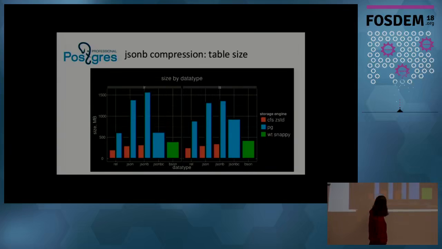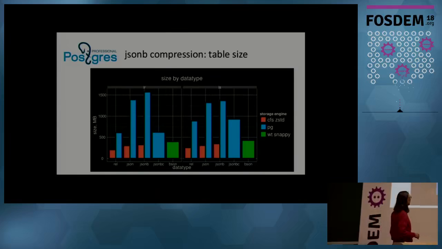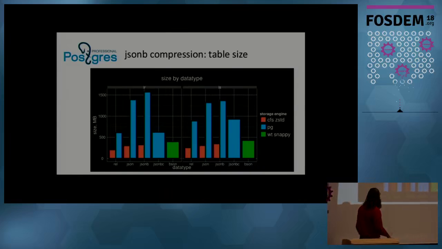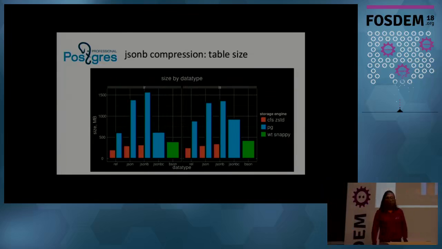And we see that compressed JSONb and the relational equivalent look very close. So compression really works. It's not as good as MongoDB JSON compression, but it's still okay. The red is a compressing file system for Postgres. It's our proprietary product for Postgres, and it's certainly much better compressed.